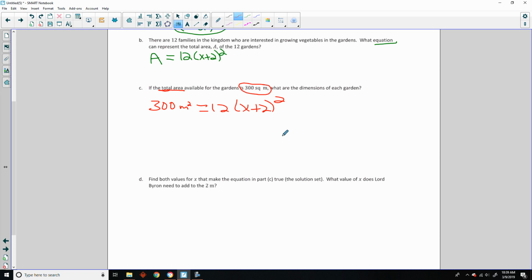Okay, and now we need to solve this. So, first thing we want to do is get rid of this 12 right here. We're trying to solve for x. Always ask yourself, what is the goal here? We want to find the value for x. So I'm going to divide both sides by 12.